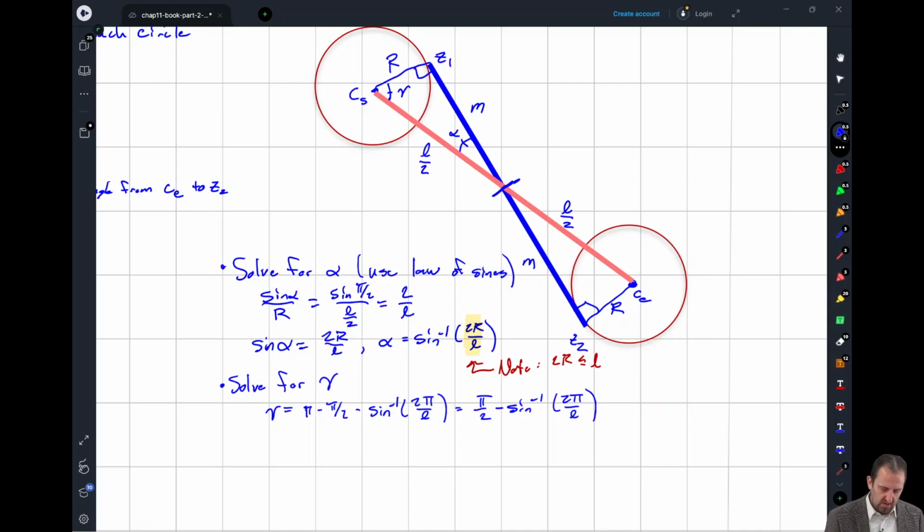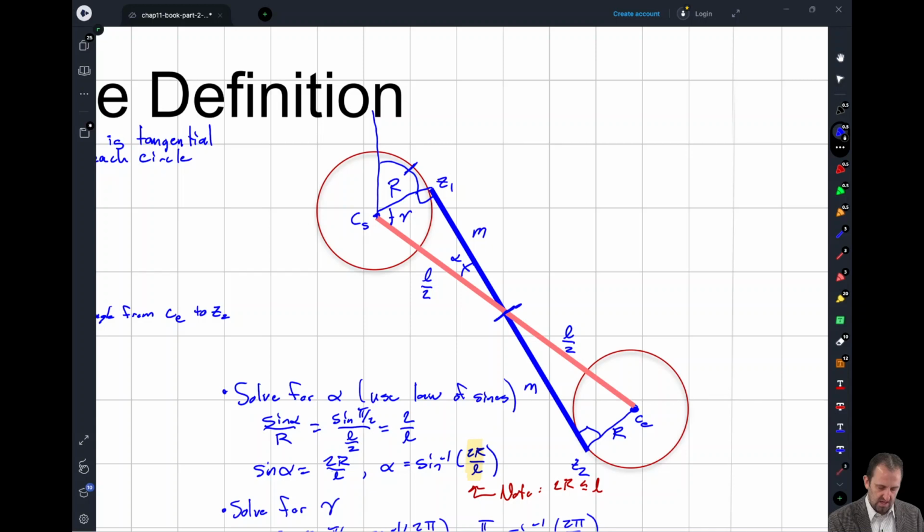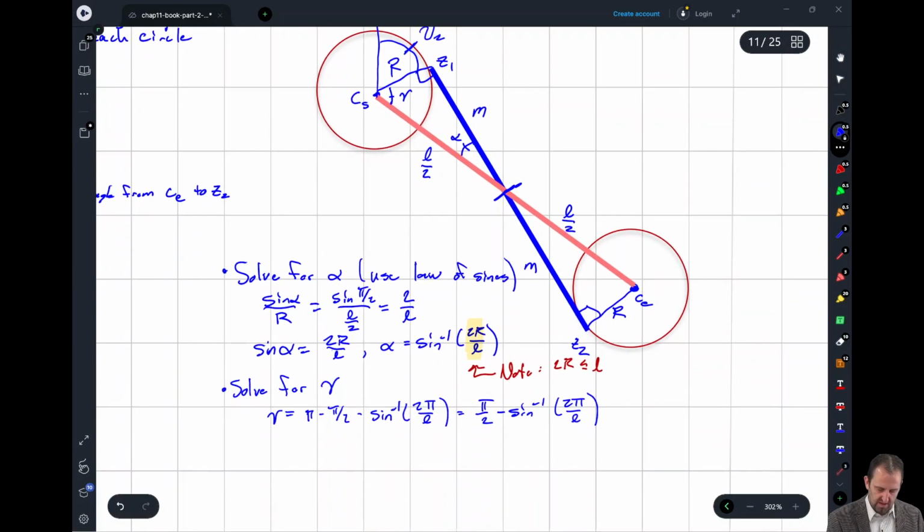So now, again, we define the angle from the north axis down to the line that points from CS to Z1. We're going to define that still as var theta 2. And the angle that points from CE to Z2, from the north axis, we're going to define as var theta 1.